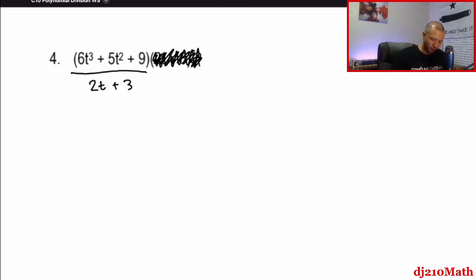Okay, so this is synthetic division. So what's going to go in the box? We need 2t plus 3 is equal to 0. So subtract 3. 2t is equal to negative 3.